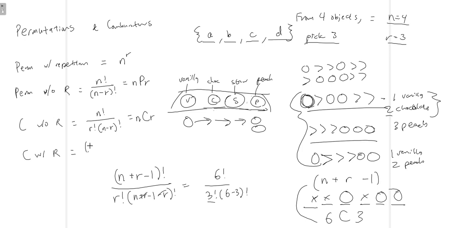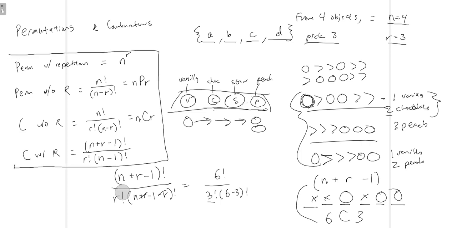So this is equal to (n plus r minus 1) factorial over r factorial times (n minus 1) factorial. And so those are the equations for permutations and combinations.